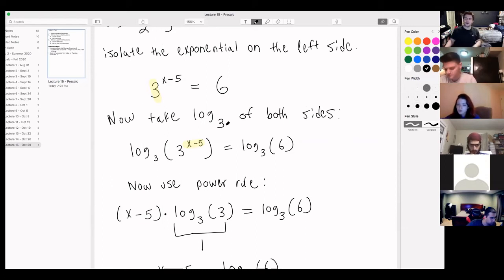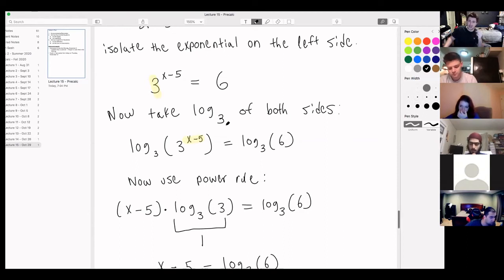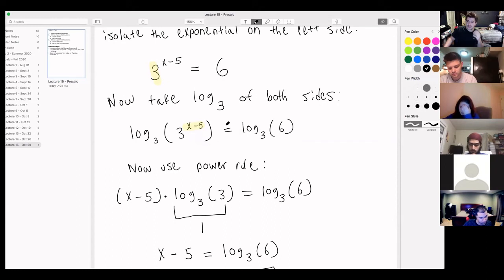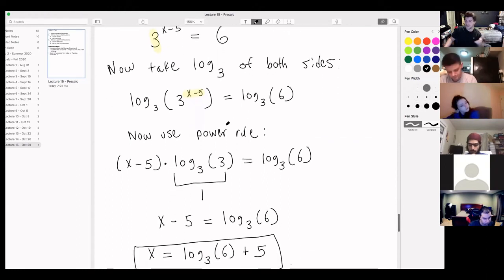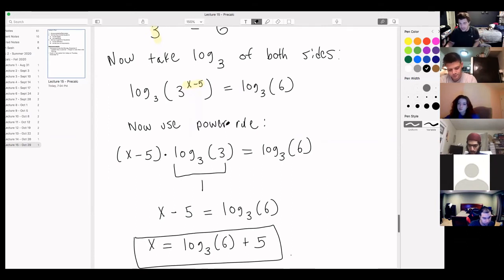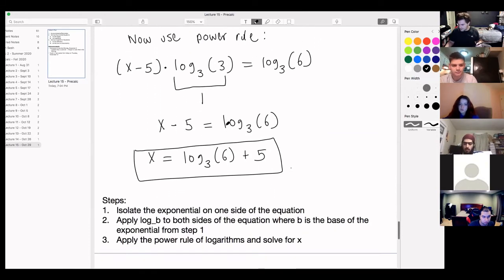Like what you said, 2 to the 5x equals square root of 2, the log base you would apply to both sides would be log base 2, because both sides are base 2. This is kind of like a fail-safe method. Got it. Thank you.